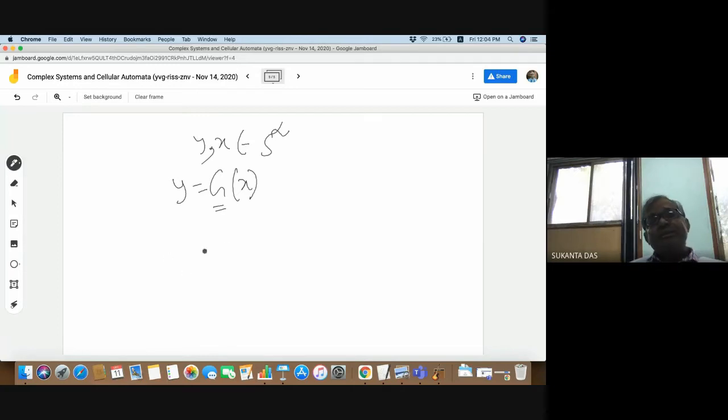I'm considering that I am to find G of X for an arbitrary cell V, and in the configuration, it was having that cell X.